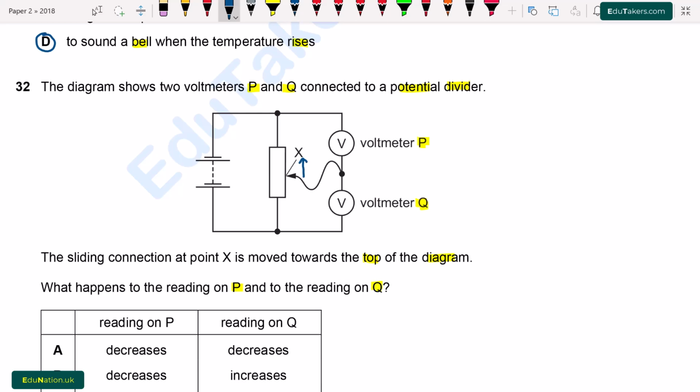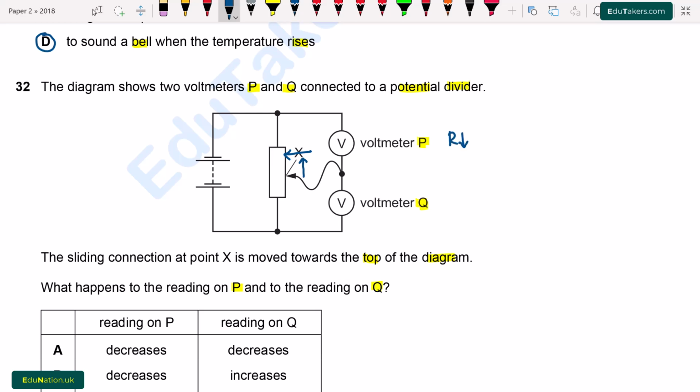The two voltmeters are connected in the potential divider, in which the potential difference increases by increasing the resistance. So first of all, when I move this sliding contact to the top position, then the resistance decreases.